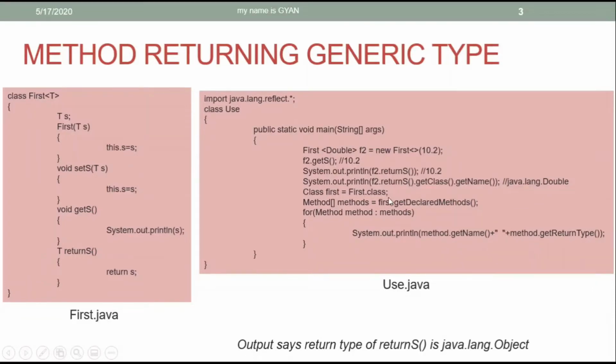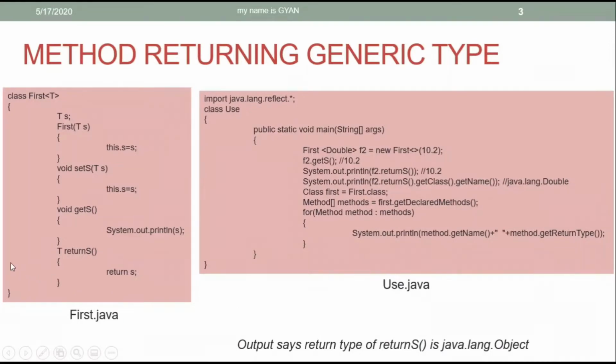Now we are analyzing the class First. While analyzing the class First, we go through all the methods of the class and print the names of the methods and the return types of the methods. For the JVM, all the T are of type Object. So when you print the return type of returnS, it will print java.lang.Object.